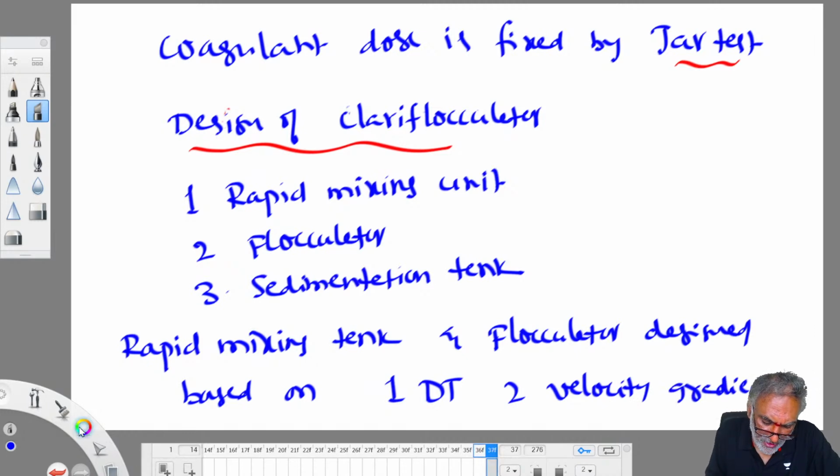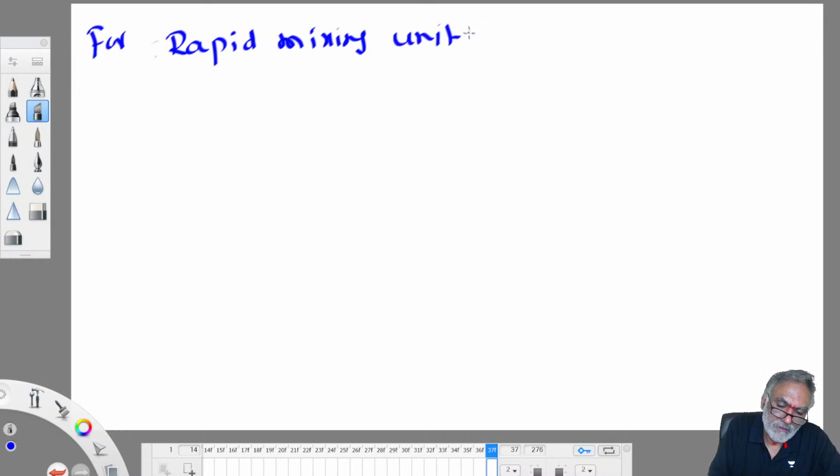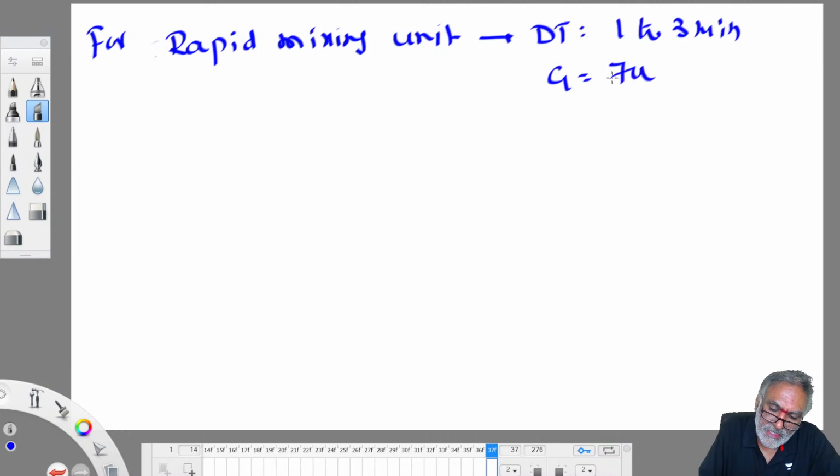So using detention time, what you can find out? Volume. Detention time will be given to you for rapid mixing unit. You provide detention time equal to 1 to 3 minutes and velocity gradient G equal to 700 to 1000 second inverse.